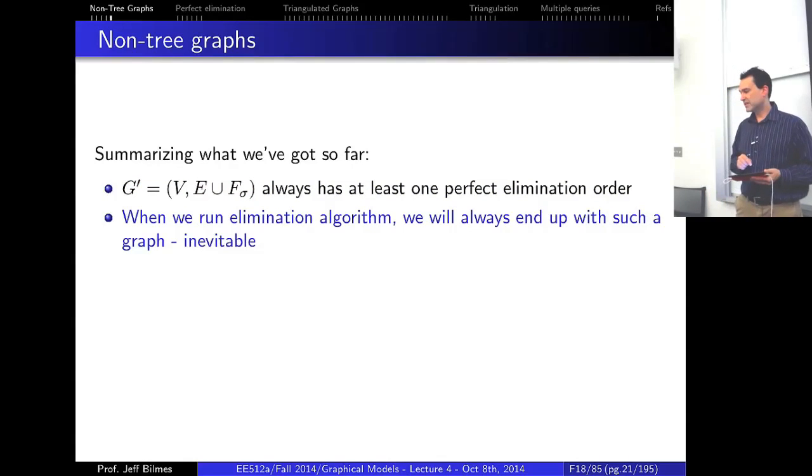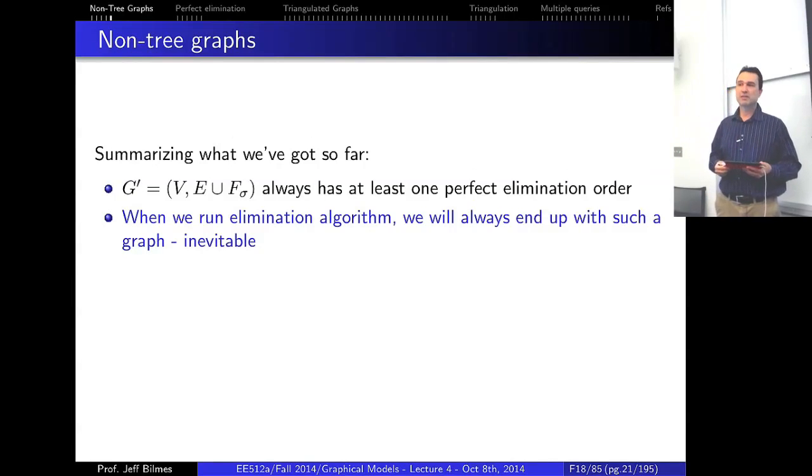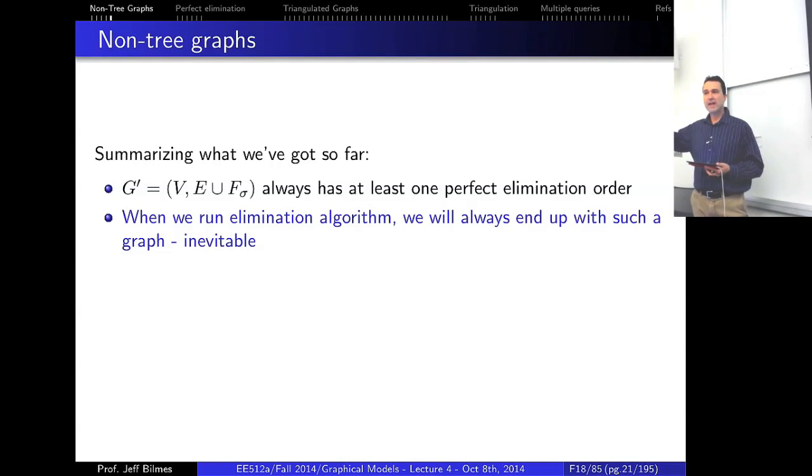When we run the elimination algorithm, we will always inevitably end up with a graph that possesses a perfect elimination order, because of the elimination order that we used. And this is regardless of the elimination order. No matter what elimination order you use, when you reconstitute the graph, that same elimination order will be a perfect elimination order in that reconstituted graph.